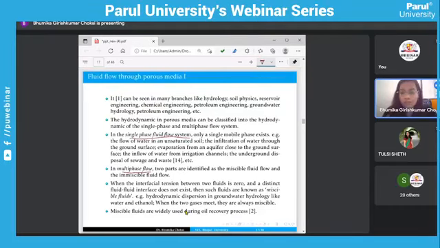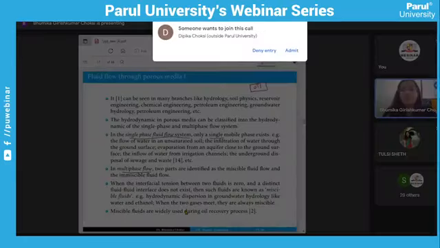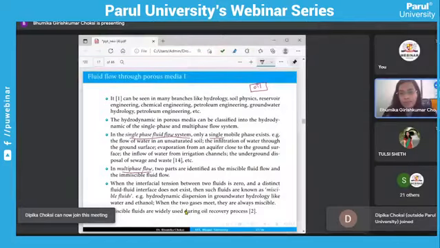What is the meaning of single phase fluid? That means only a single fluid is passing through the porous medium. For example, if in our reservoir only oil is there, and we are not injecting anything, no other fluid, no other liquid, then this problem will be a single phase fluid flow system.